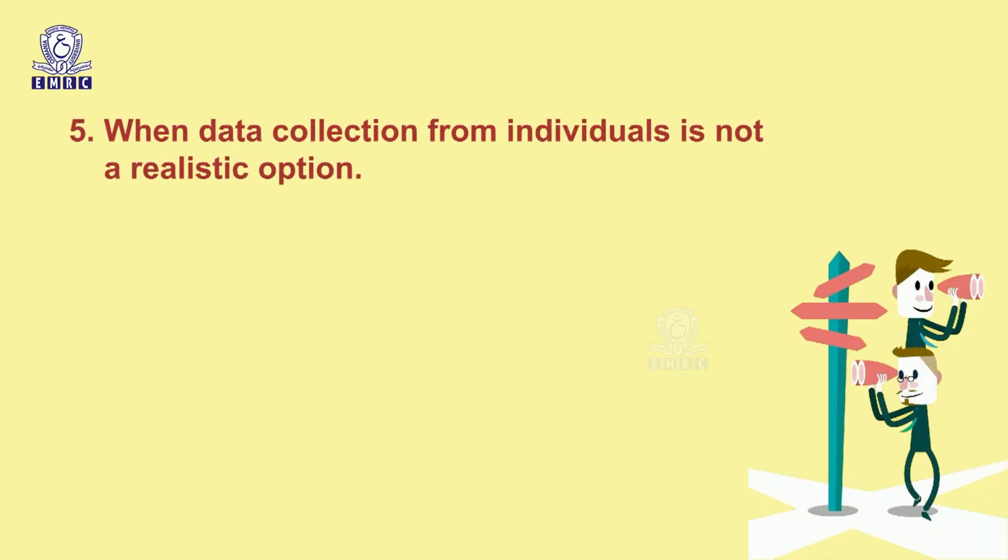Fifth, when data collection from individuals is not a realistic option, if respondents are unwilling or unable to provide data through questionnaires or interviews. So, observation is a method that requires little from the individuals from whom you need data.